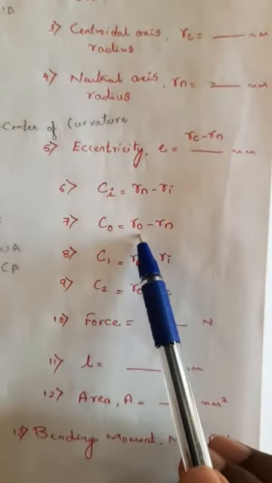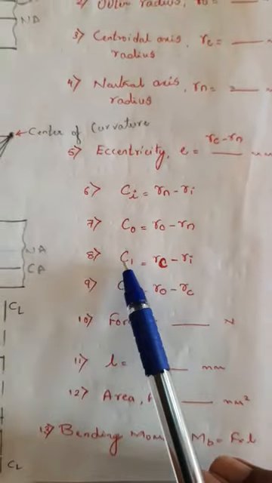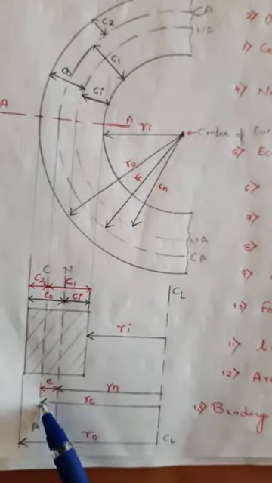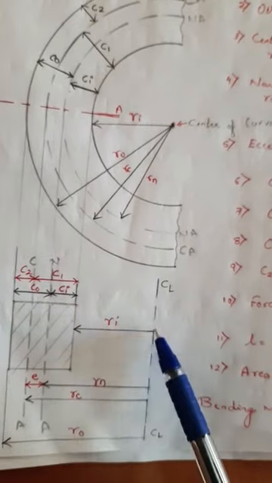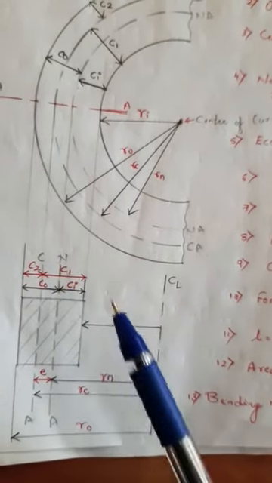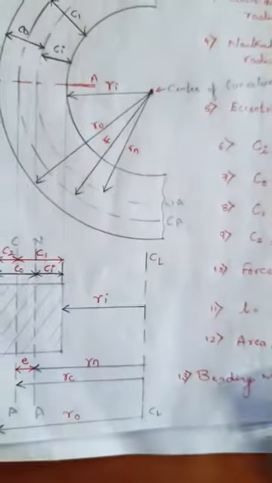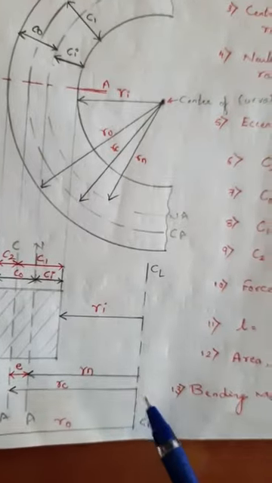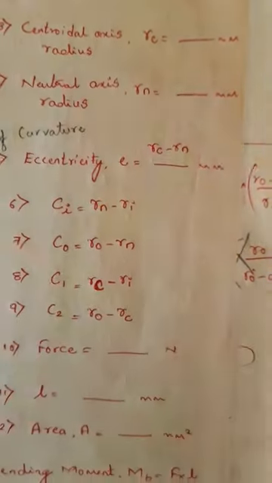C1 is the distance Rc minus Ri, we get the C1 distance. So C2 is Ro minus Rc, we get C2.